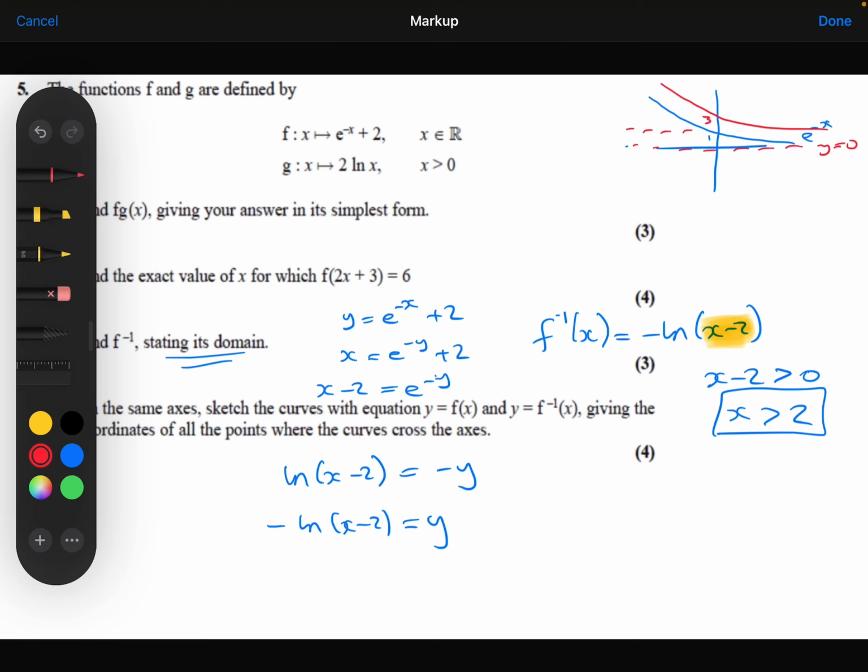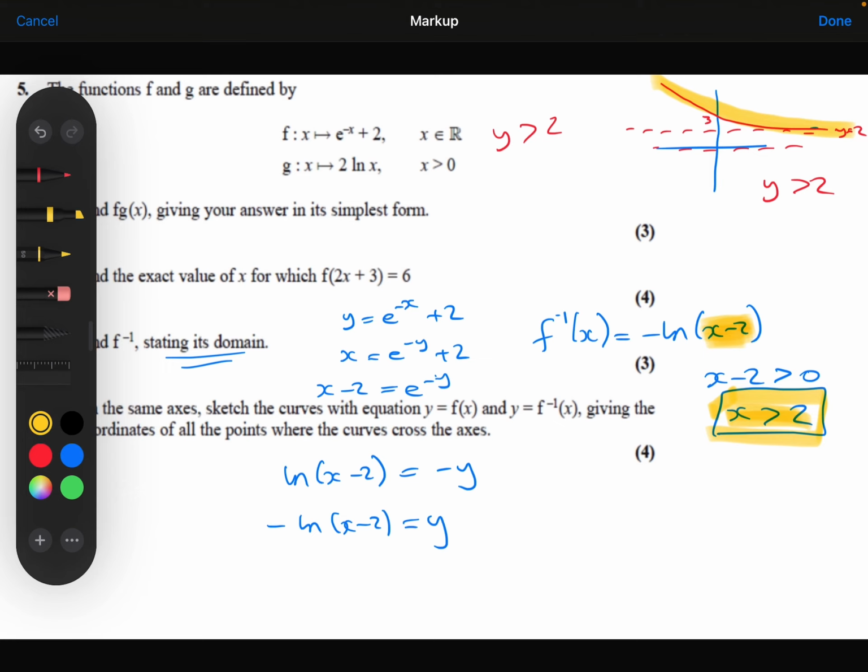So we'll now have an asymptote here at y equals 2. And therefore we could say, looking at that, that the range of the original function is that y has to be greater than 2. And if the range of the original function is y is greater than 2, then the domain of the inverse function has to be that x is greater than 2.